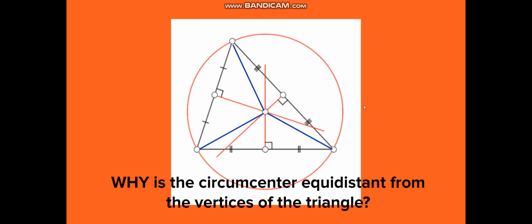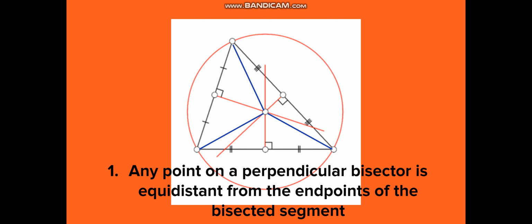Okay, thinking about what we just covered and this figure, why can we say that the circumcenter is equidistant from the vertices of the triangle? Well, the first thing is that any point on a perpendicular bisector is equidistant from the endpoints of the bisected segment, meaning that if we just look at this one perpendicular bisector for this side, any point on this line is going to be an equal distance from this point and this point.